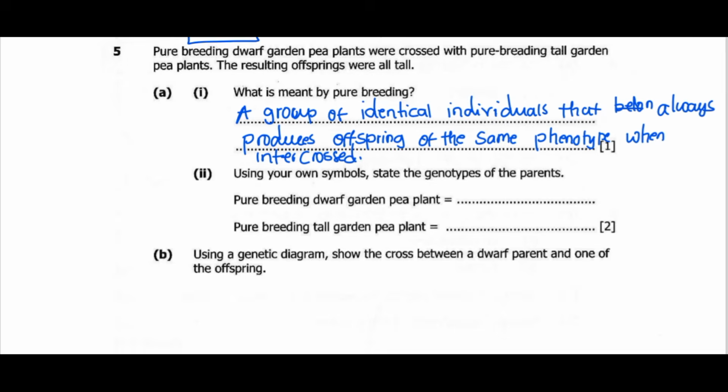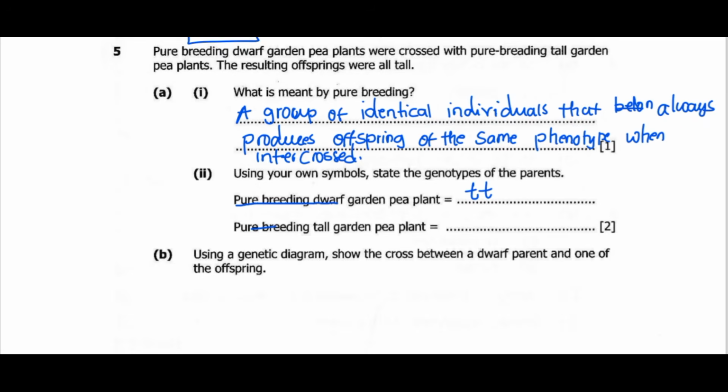Then Roman number 2, using your own symbols, state the genotypes of the parents. So pure breeding dwarf, let's use T for height. Since this is a pure breeding dwarf, we are going to have small letter t. Since it's pure, you need to make sure that you use the same kind of letters.